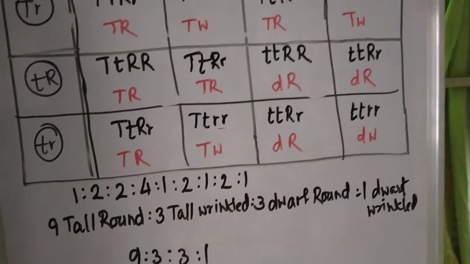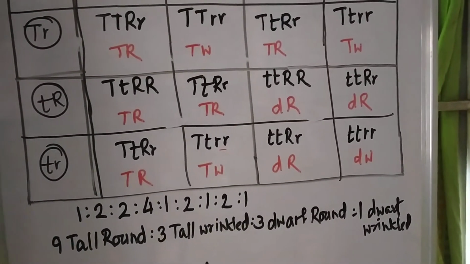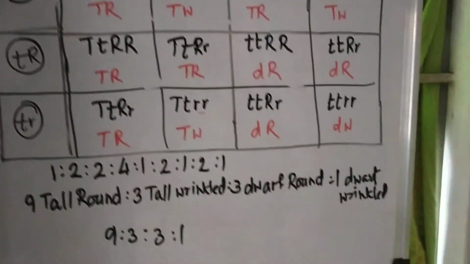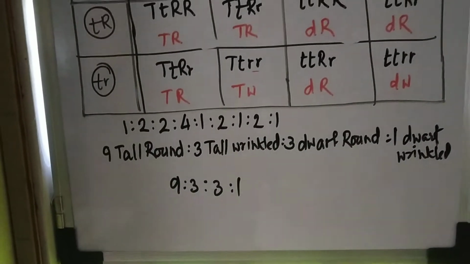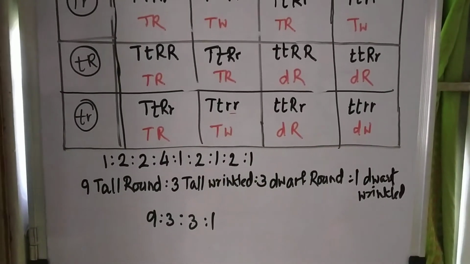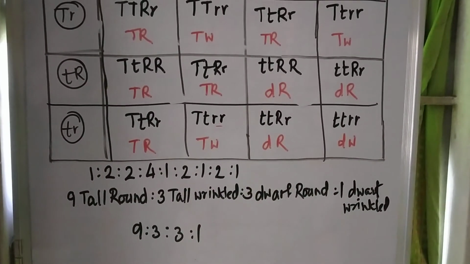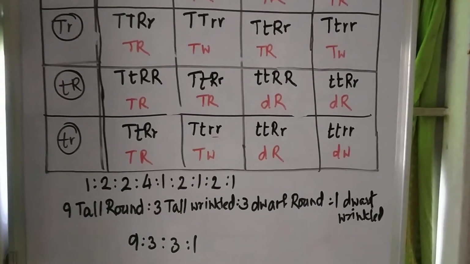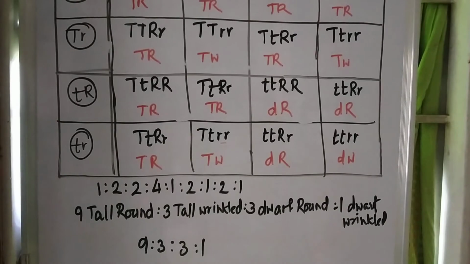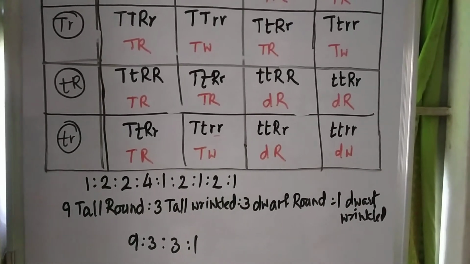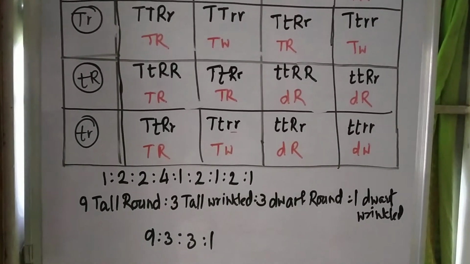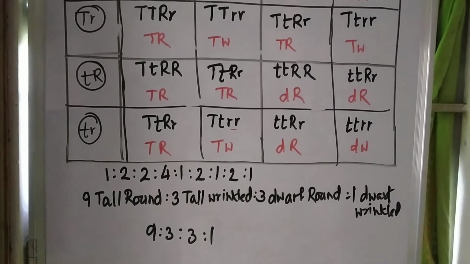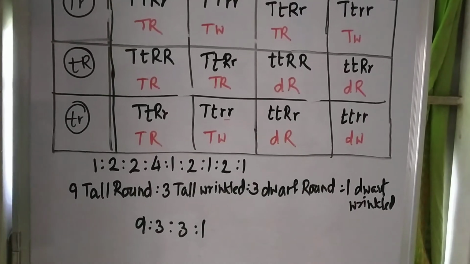Now, how can this particular dihybrid cross help in studying independent assortment? Consider the tall plants with round seeds and dwarf plants with wrinkled seeds. These are the parents, tall round and dwarf wrinkled. But among the offsprings, especially the F2 generation, we have got tall plants with wrinkled seeds and dwarf plants with round seeds.